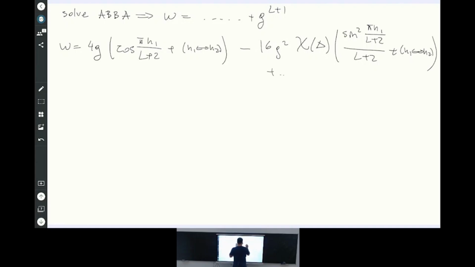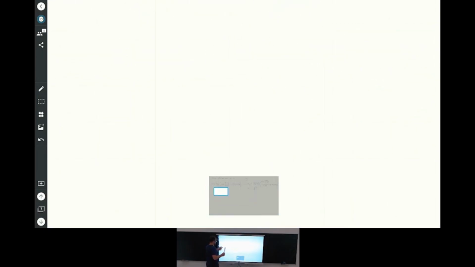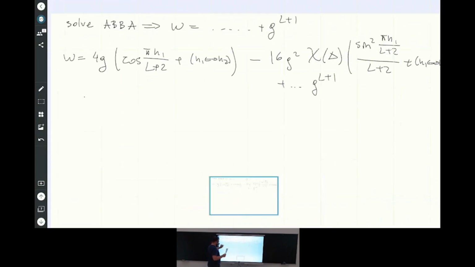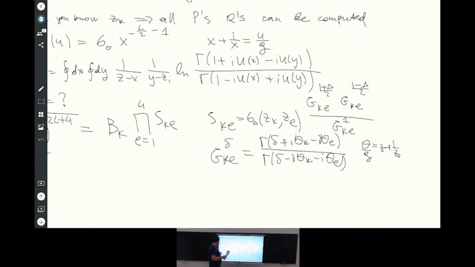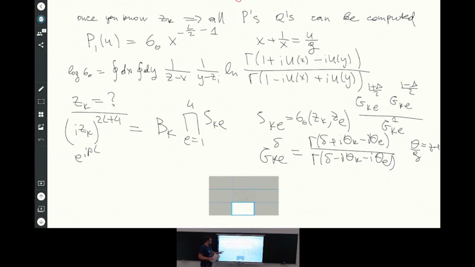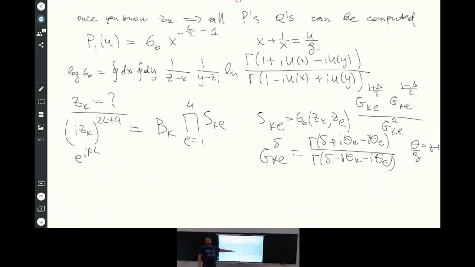Right, but in principle, in general, this goes up to g to the L plus 1 terms, but they become a bit bulky. Right, so what are the n1 and n2? Actually, you see, at weak coupling, if you send g strictly to 0, then the right-hand side actually disappears. All these factors on the right-hand side become 1.